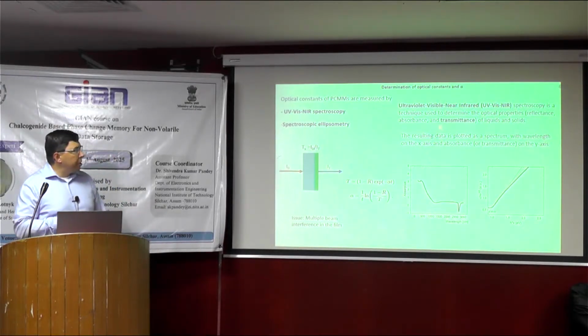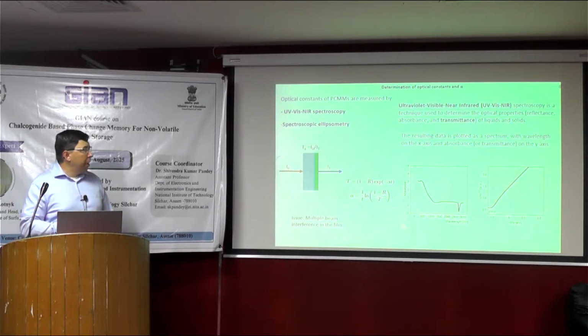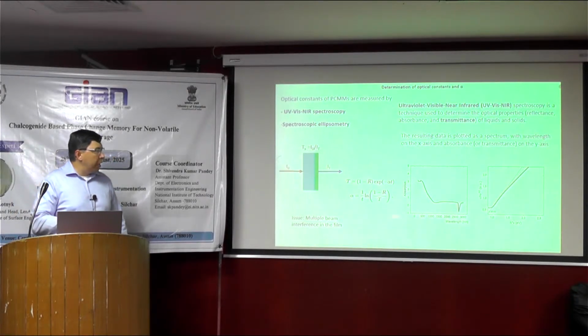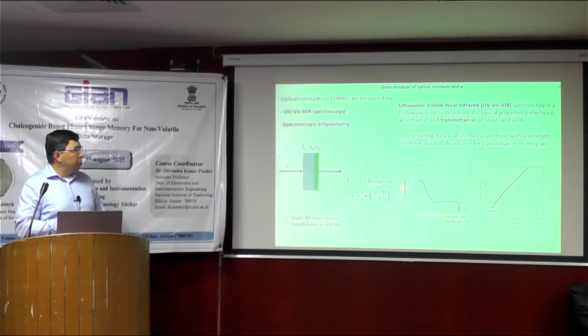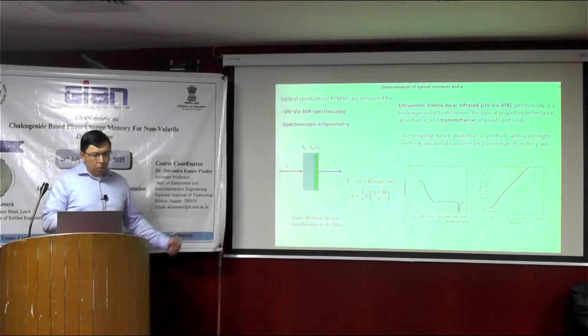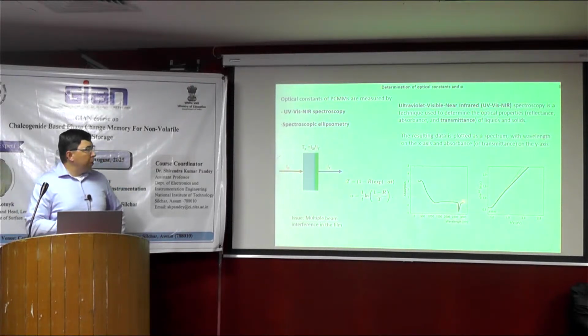In this technique, you get data plotted either as absorption against wavelength, or as transmission against wavelength. And then by using this equation, you can transform the data, calculate the band gap, and find the basic properties of your material.